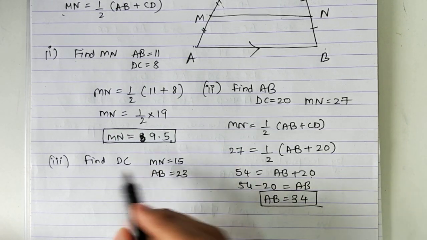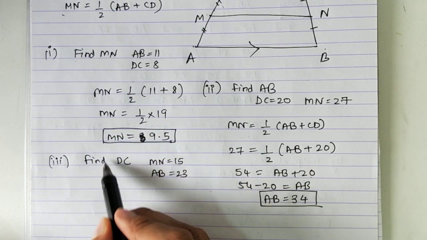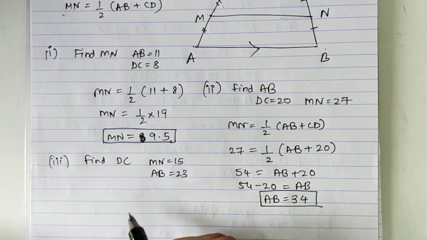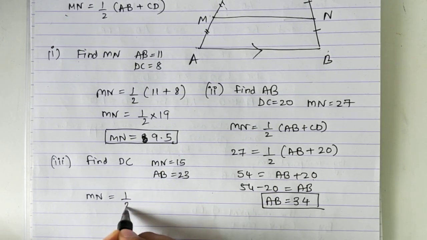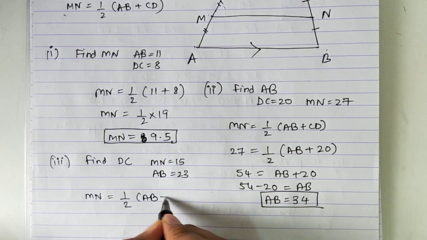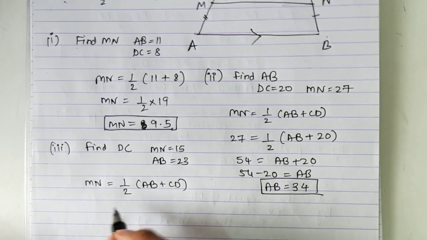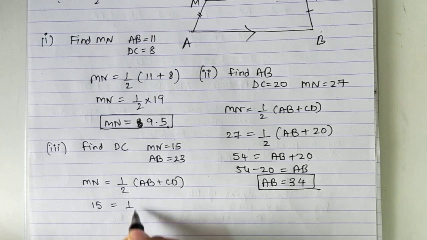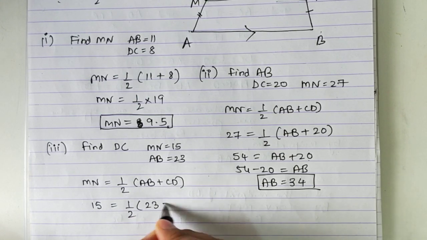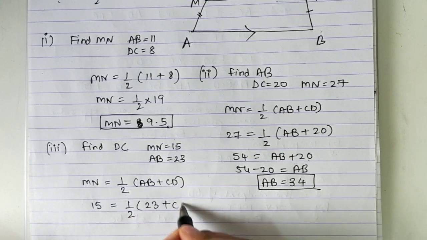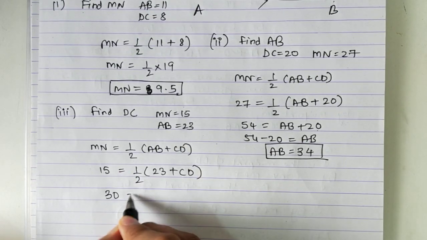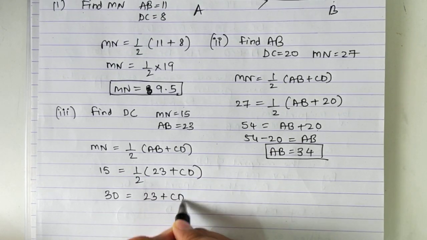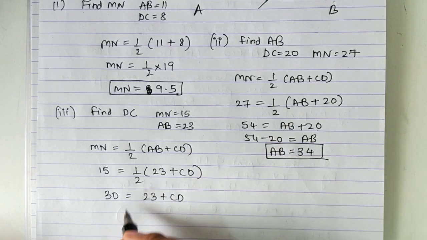Now this time they have asked us to find DC. MN and AB is given in the question. This formula is same, they are just changing the values. So MN is 15, is half of AB, 20 root 3. This 2 will go here. So 30 is equals to 20 root 3 plus CD. 20 root 3 will get subtracted.